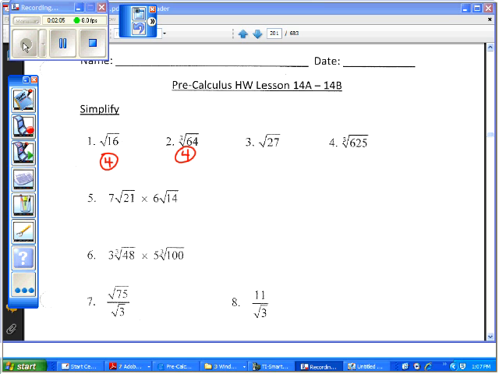Now let me explain what that just said. If we were to find the factors of 27, we would have 1 and 27, 3 times 9. So the factors of 27 are 1, 3, 9, and 27. Are any of those factors perfect squares? Well, 9 is. So to be in simplest form, no factor of the radicand other than 1 may be a perfect square. If we were going to do this in our head, we would think, well, square root of 27 is the same as square root 9 times square root 3.